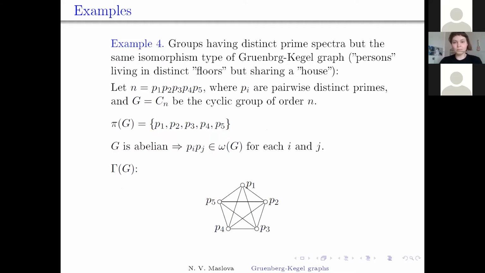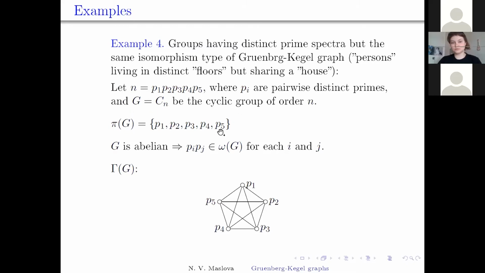And one more example. Consider, for example, 5 pairwise distinct primes and their product. Let n be the product of some 5 pairwise distinct primes, and consider the cyclic group of this order.